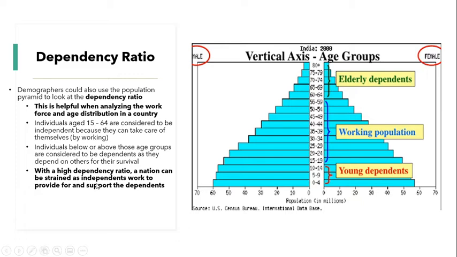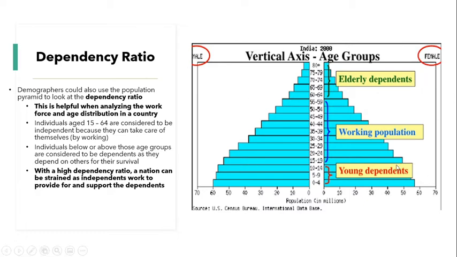So with a high dependency ratio, a nation can be strained as independents work to provide and support for the dependents. So if a country were to have had a lot of children in, let's say, the 50s, we would have a very large base, right?